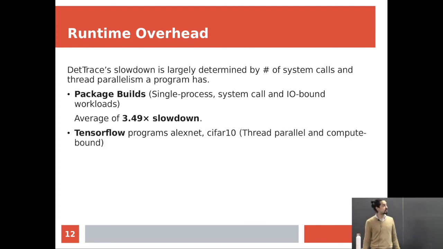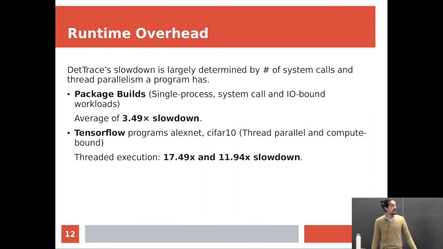Now we moved on to seeing how thread parallelism is handled by our system. Here we took two TensorFlow programs, AlexNet and CIFAR-10, that are both thread parallel, but mostly compute bound, so they don't do as many system calls. Of course, sequentializing thread execution is very expensive since we're missing out on that parallelism.